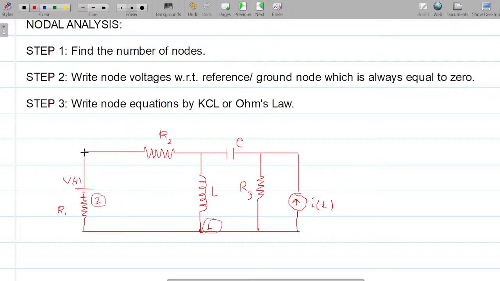Wherever you see a change in potential, you will mark it as a node. So this would be your node number 3. Again, travel from here to here. Do you see, you encounter a resistor on the path? Do you see a change in voltage? Yes. So this would again be a node. Mark it as 4.